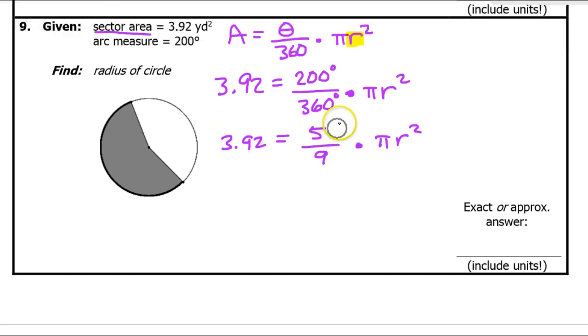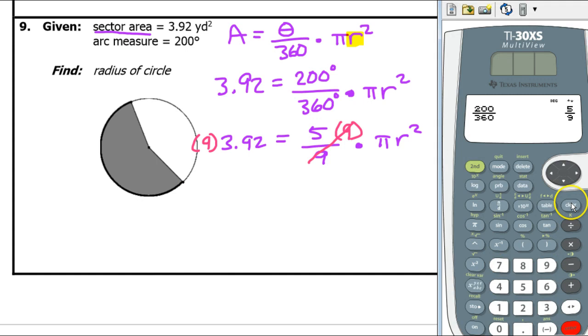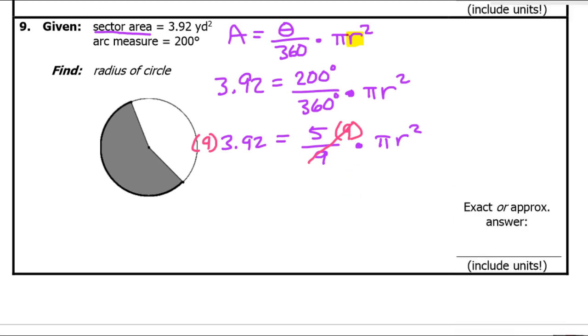So I want to multiply both sides by 9 to get rid of the denominator. That way these 9s will cancel each other out. So now I need to know what is 9 times 3.92. 35.28. Okay, and that equals 5 times pi r squared.